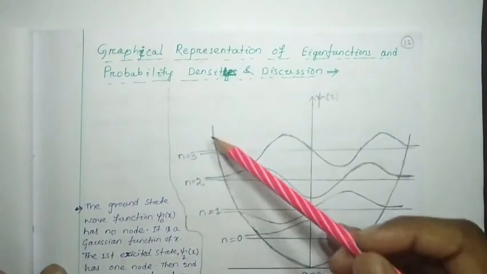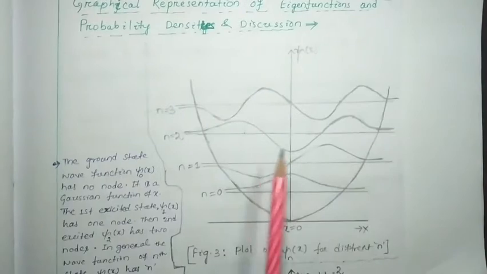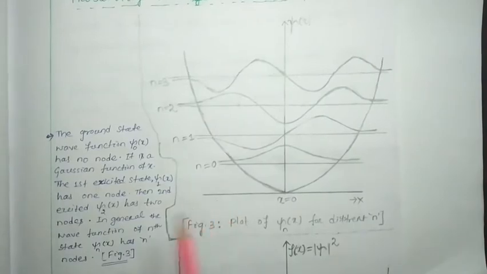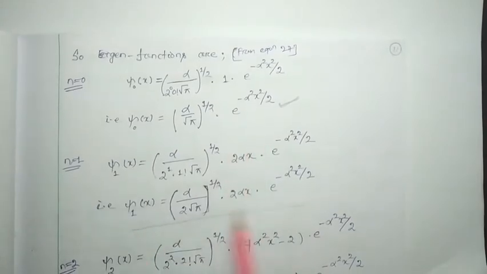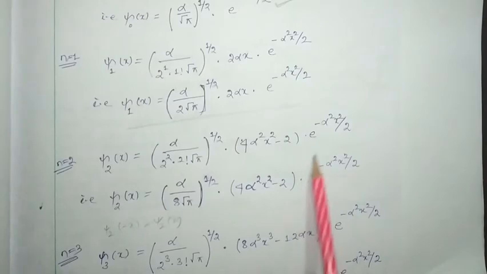So this is the figure that represents psi n of x for different n. If we plot, suppose this is our psi 0 of x, psi 1 of x is this one, psi 2 of x is this one. This is in the form of e to the power minus x square, right?